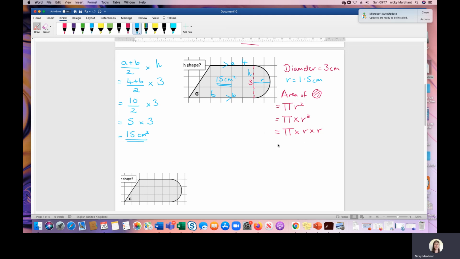So let's now substitute some values in. We've got our pi times 1.5. You can use the squared button on your calculator, or again use the safety blanket so you don't square the whole thing by mistake: 1.5, but type it in very carefully, times 1.5. Let's put that into our calculator.